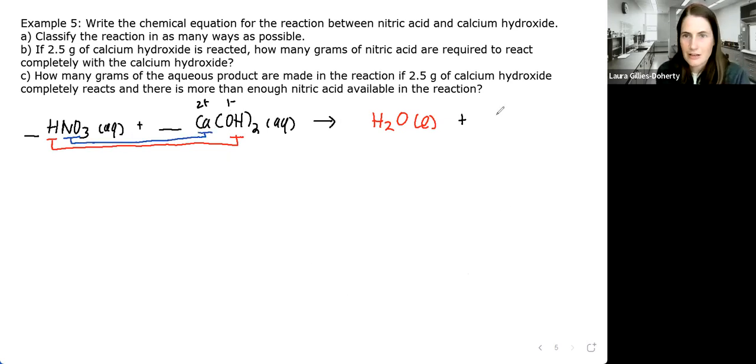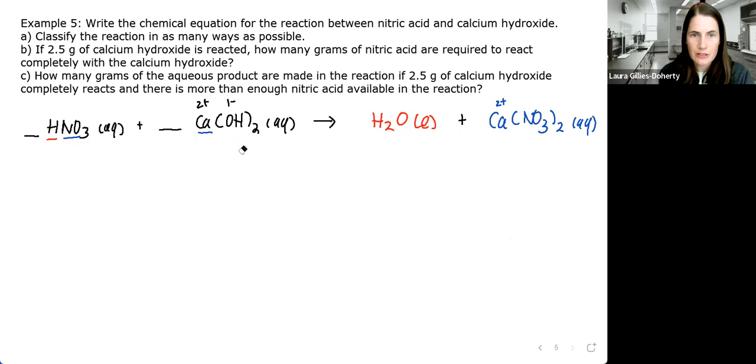So calcium nitrate. Calcium, remember, is 2+, nitrate is 1-, so we're going to need 2 of those nitrates to make this charge neutral overall. And this is going to be aqueous. Anything with nitrate in it is automatically going to be aqueous because that's one of those always aqueous ions. Okay, so we've got our chemical equation written.